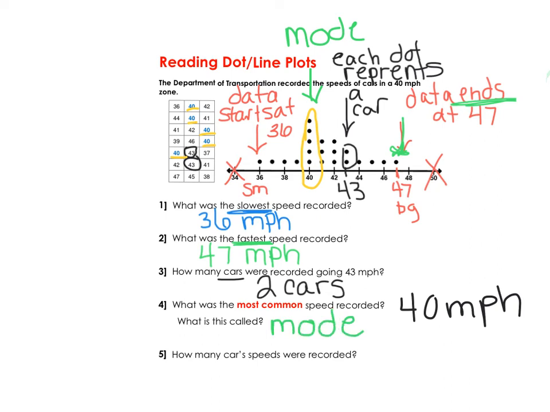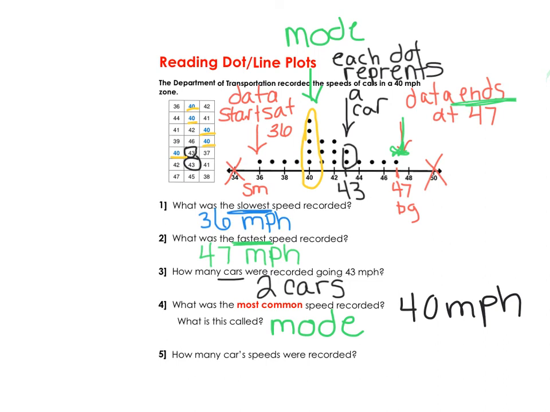Okay. And then let's look at the last one. It says how many car speeds were recorded. Well, remember, each dot represents a car. So you can count up the number of dots. You could even look in the table and count how many speeds you wrote down.